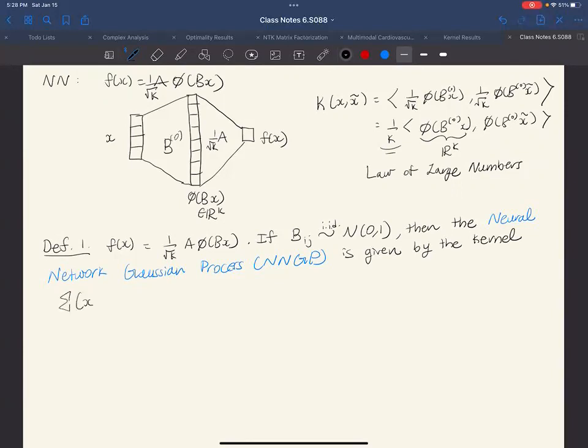And the typical notation, unfortunately, there's a lot of sums in the computation, but historically, I've seen the Gaussian process kernel written as a sigma, so that's the notation we'll stick with in this course. And this is just going to be the limit as k goes to infinity of 1 over k, phi of Bx, phi of B x tilde.